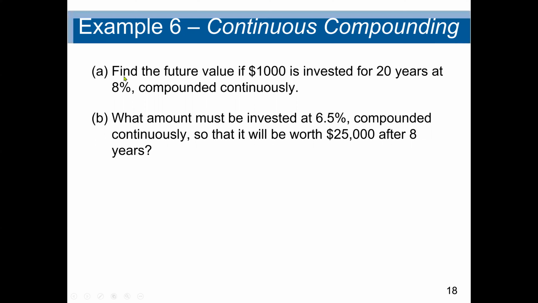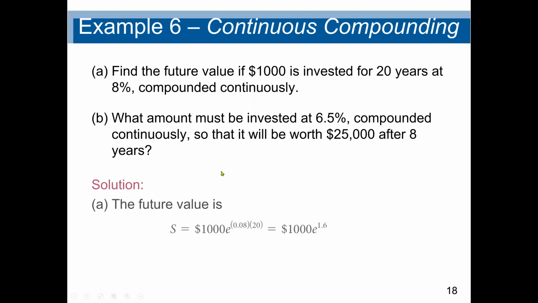So here we have an example. They say we should find the future value if 1,000 is invested for 20 years at 8% compounded continuously. So if it's continuous, our formula will again be P times e to the power rt. Now let's see, invested for 20 years, so we have our t, the interest rate is also given, which is 8%, and the principal is given, so we can find the future value.